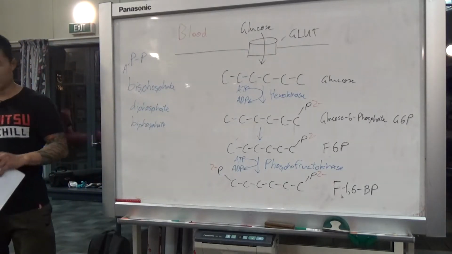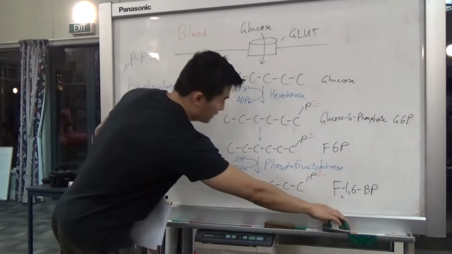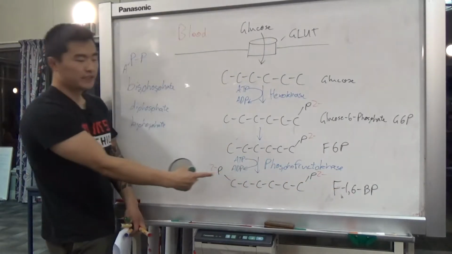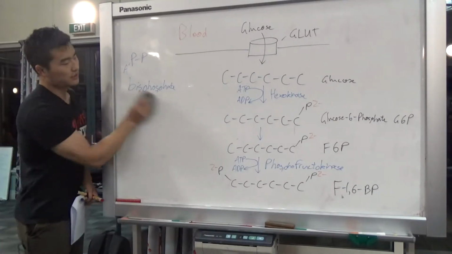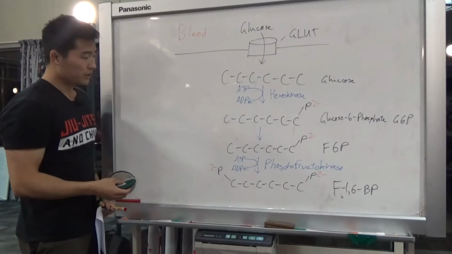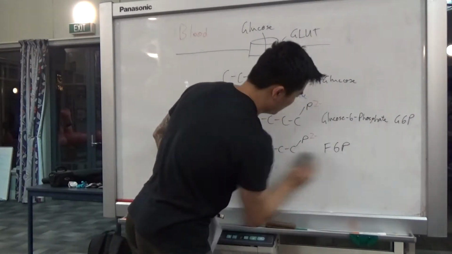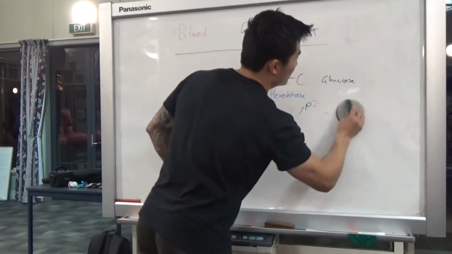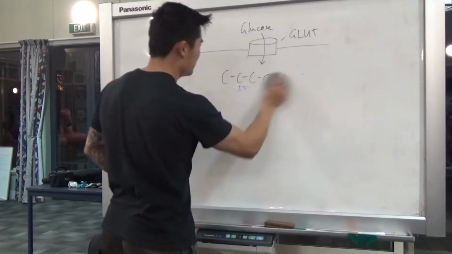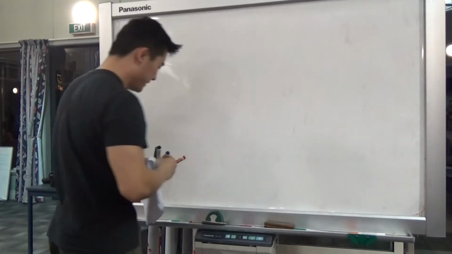So that's just the difference. So this is fructose 1,6-bisphosphate, because the phosphates are on the other side. So I'm just going to rub this out, and I'm going to start again from the top.